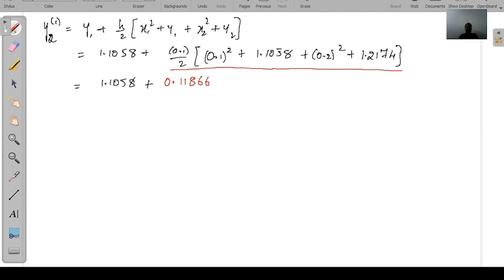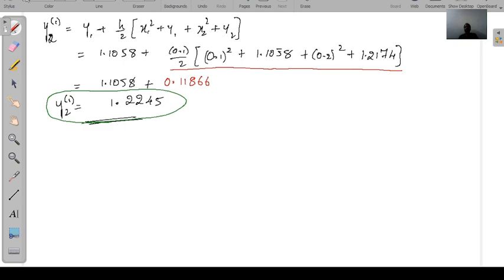So the sum of these two things will be 1.2245. I am rounding up the fourth place. So after rounding up the fourth place, I am getting 1.2245. So this is our first modified value of y2.